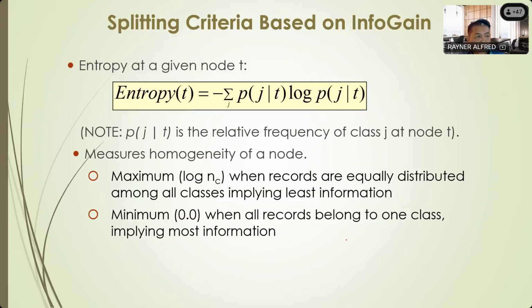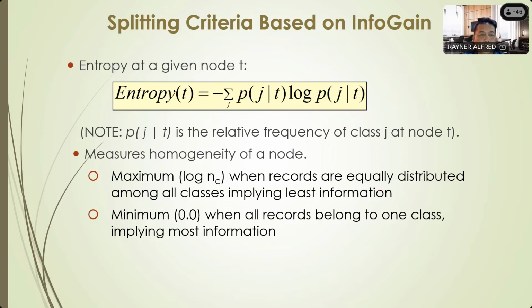We will look into the splitting criteria based on the information gain. We say information gain because before we split, we have less information. After we split, we have more information. So we use what we call entropy, or the measurement of purity: how pure is the membership of one class?